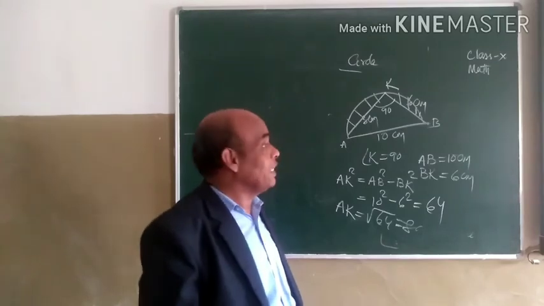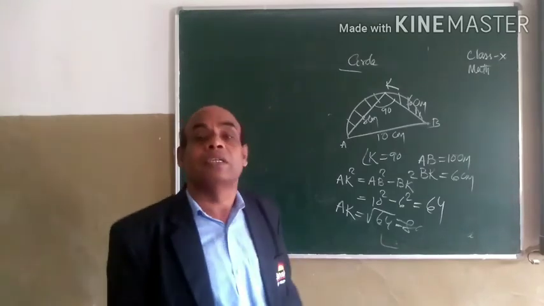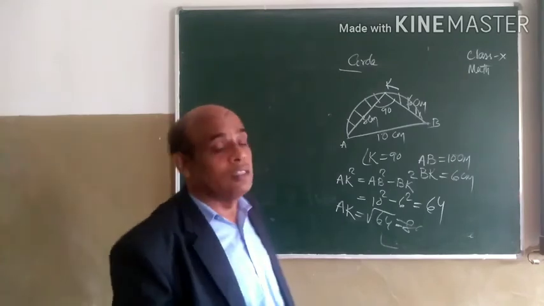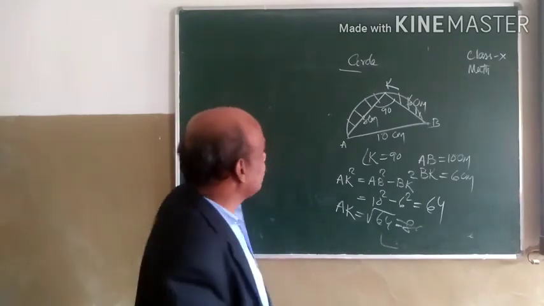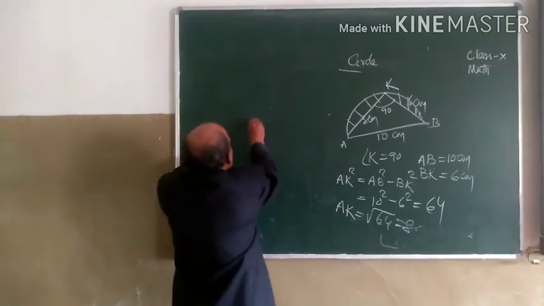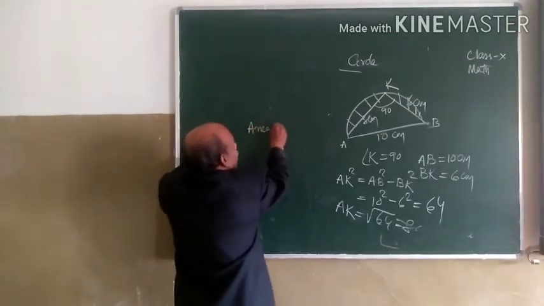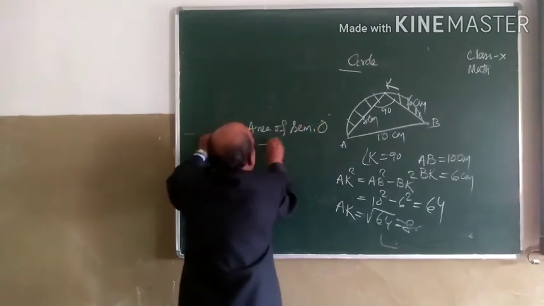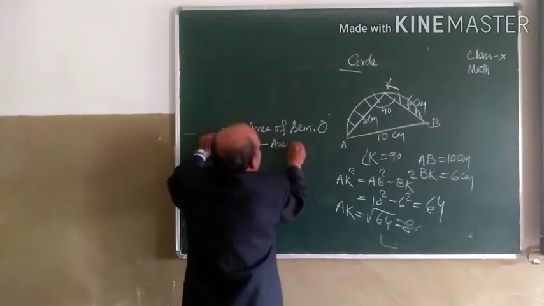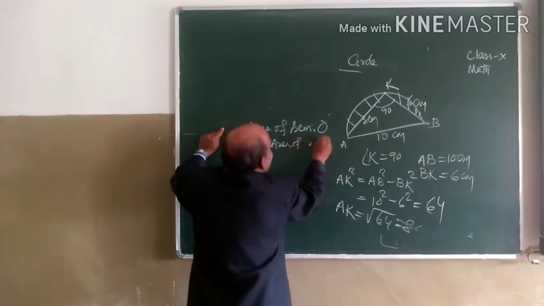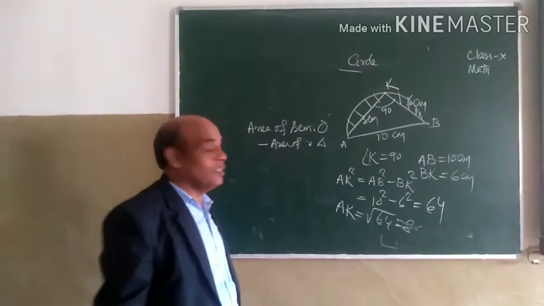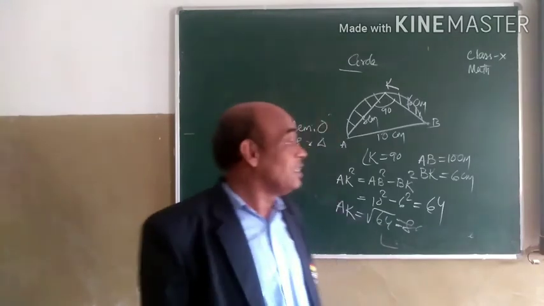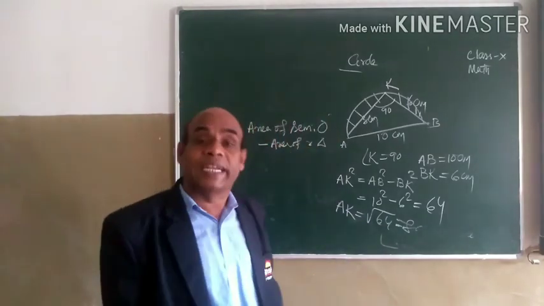So now what is the area of the shaded portion? It is clear from the figure that the area of the semicircle minus the area of the right angled triangle is equal to the area of the shaded portion.